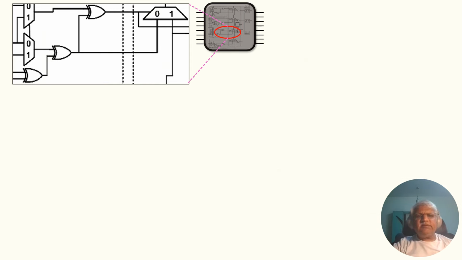In this case, let us analyze this portion of the circuit. If you observe closely, this highlighted purple portion, this XOR is driving this net, and it has fan out of two because it is driving two cells.